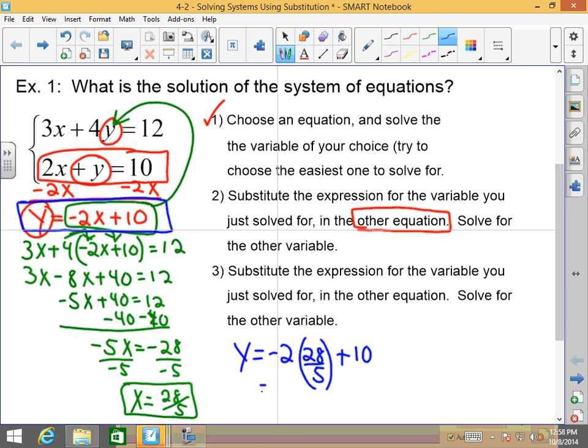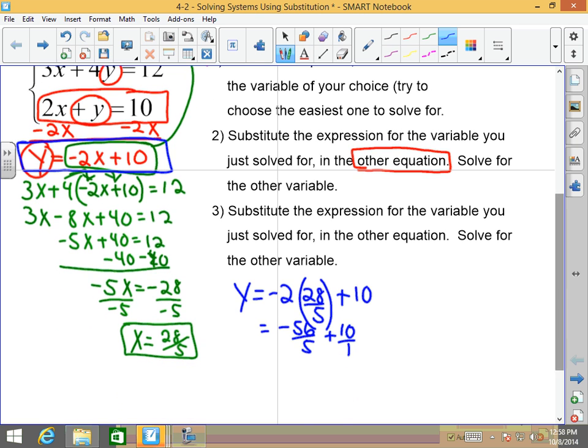This is going to give me negative 56 fifths plus 10 over 1, because hopefully you guys remember there's an invisible 1 being divided to any whole number. I need a common denominator, so this becomes 5, this becomes 50, and y equals negative 6 fifths.